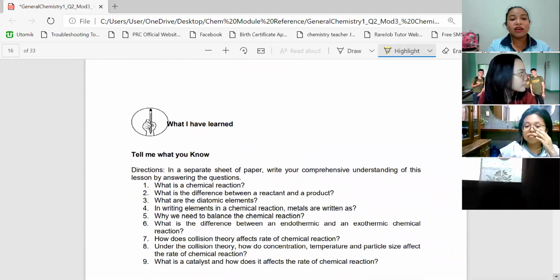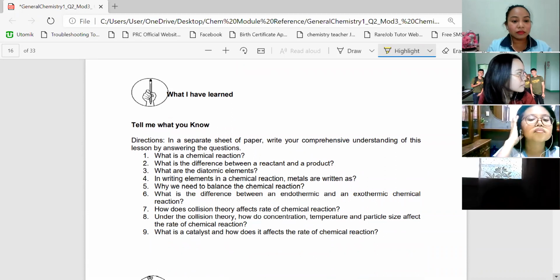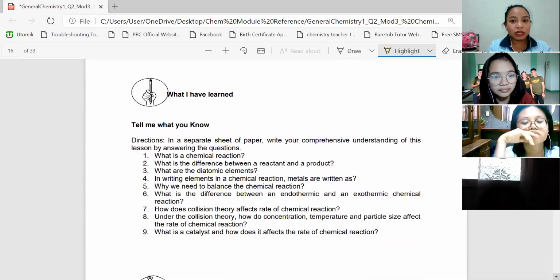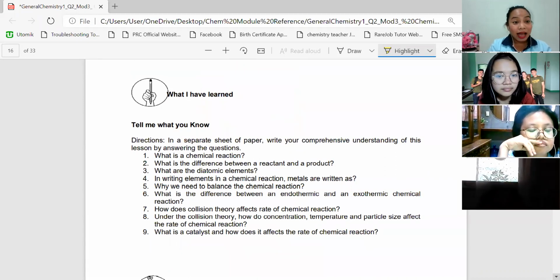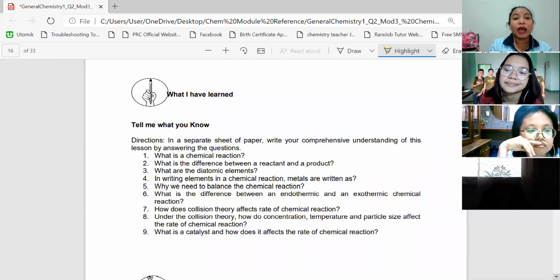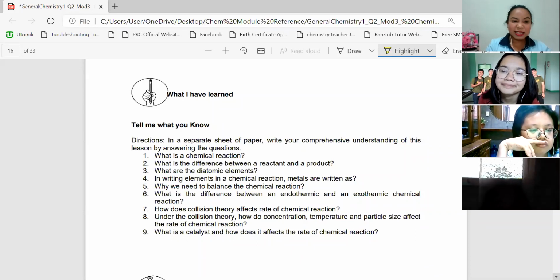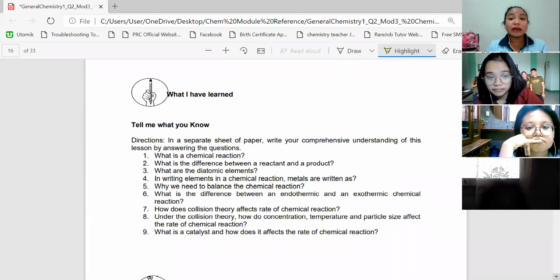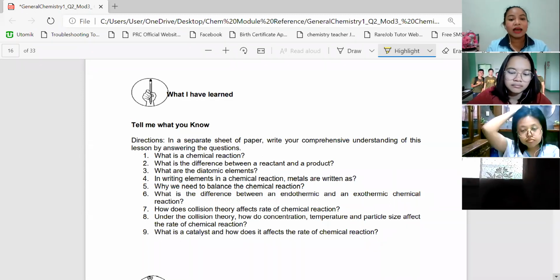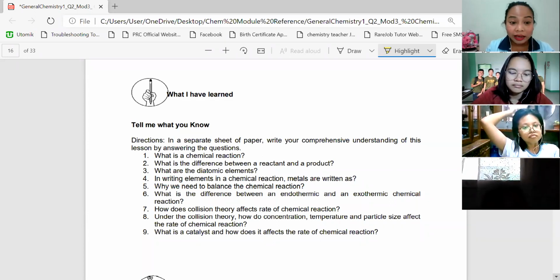If the temperature is high, the collision is stronger, because their kinetic molecular energy, or their energy in motion, is higher. They move faster, so the tendency to collide is higher, and the tendency of a chemical reaction to occur is also higher.